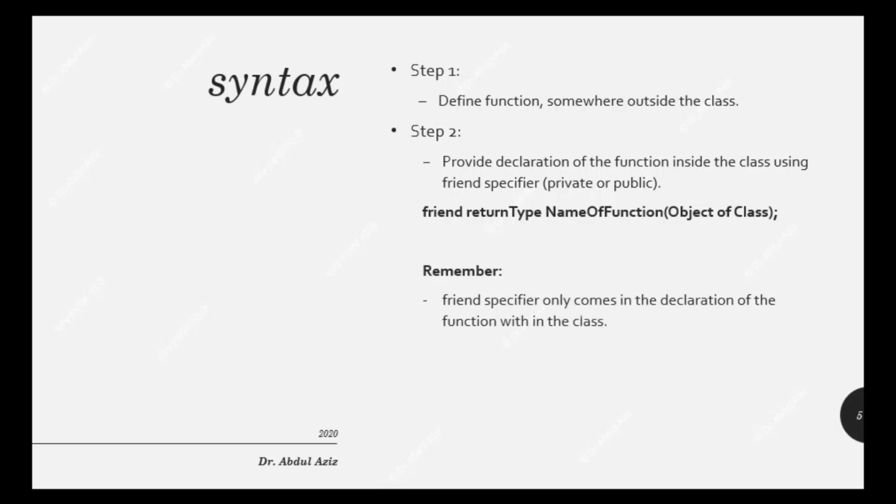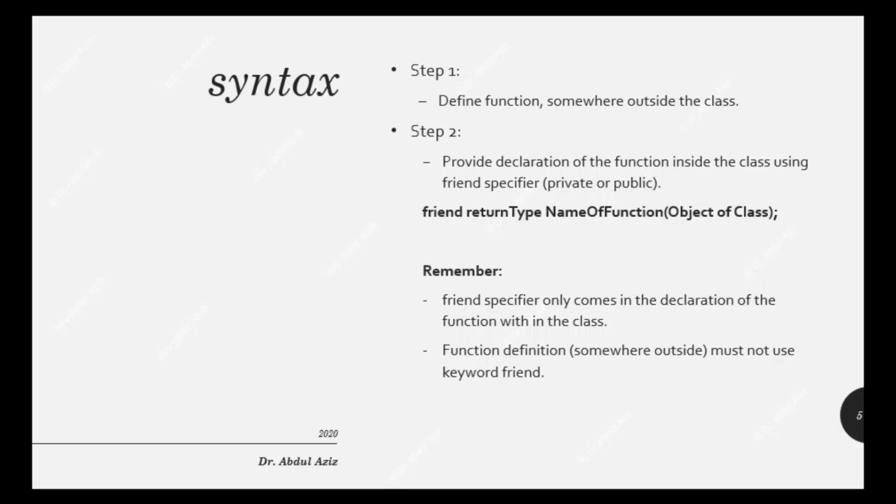So remember first that the friend specifier only comes with the declaration, which means we just want to place the friend specifier within the class when the function is being declared. It is not used when the function is defined, which means with the body of the function we never place the keyword friend, because that function is a standalone function.